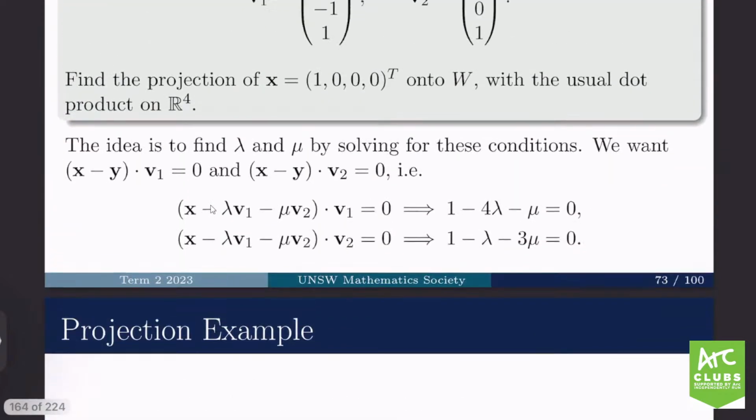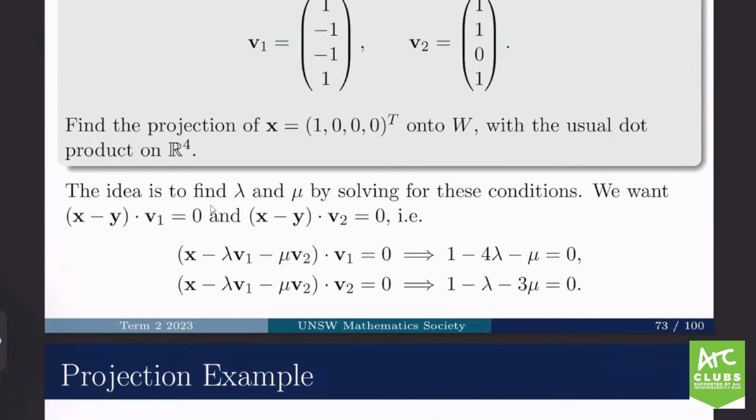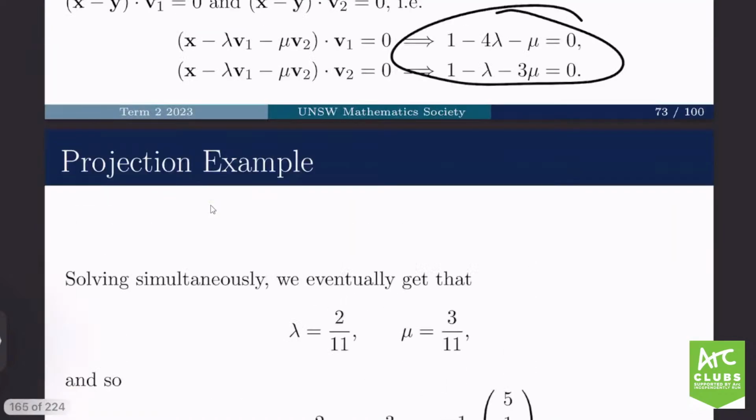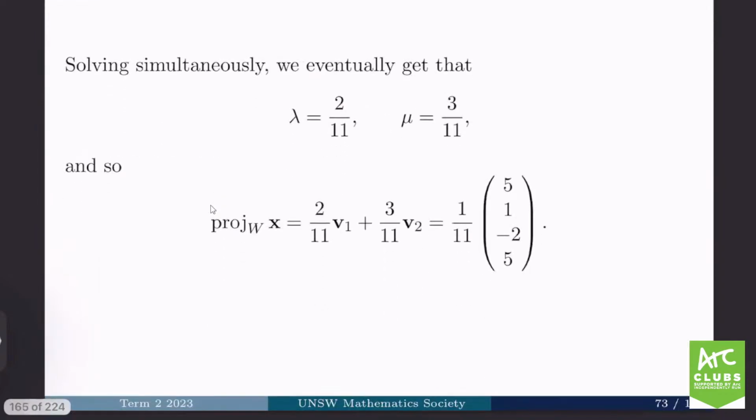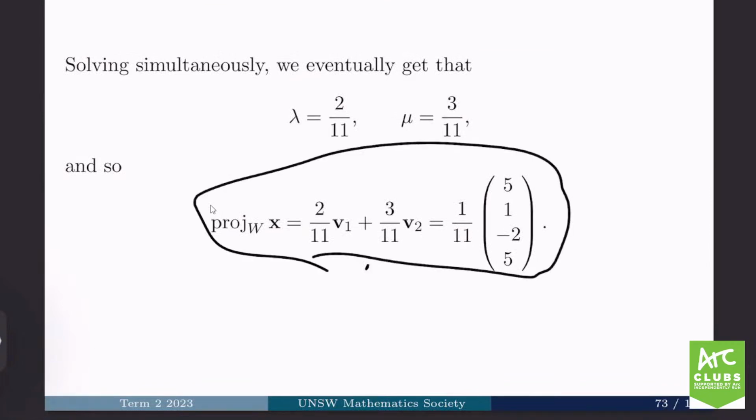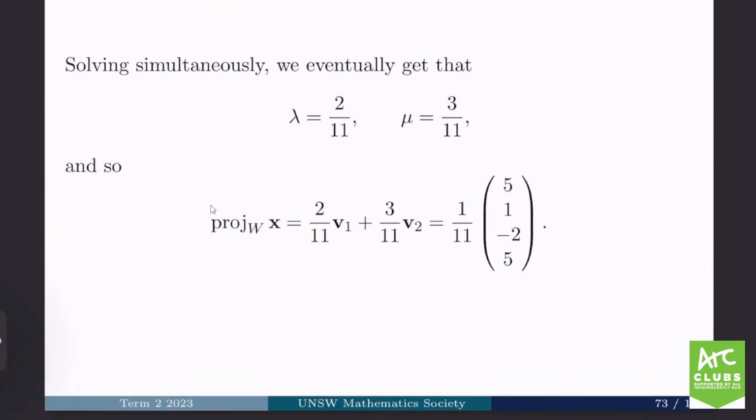If you actually do that, so we're saying Y equals lambda v1 plus mu v2, we can find these dot products, and what we'll get is two linear equations in two variables. And so we can solve this to get the values of lambda and mu as required. And so this will be our orthogonal projection, or projection of x onto W.